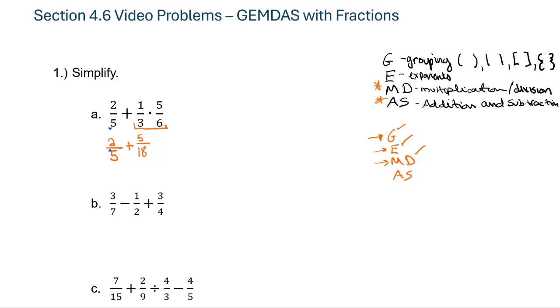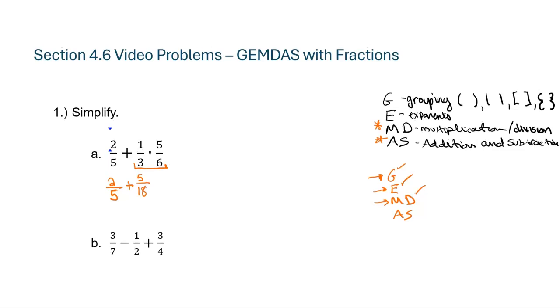Now I move to addition and subtraction. Well, what's the first thing I have to do for adding and subtracting fractions? Common denominator. To find the common denominator, I pull out my biggest denominator first. Hopefully this is sounding familiar, right? We're just revisiting strategies that we've learned before.